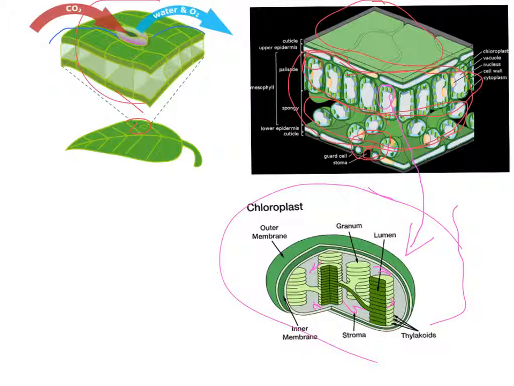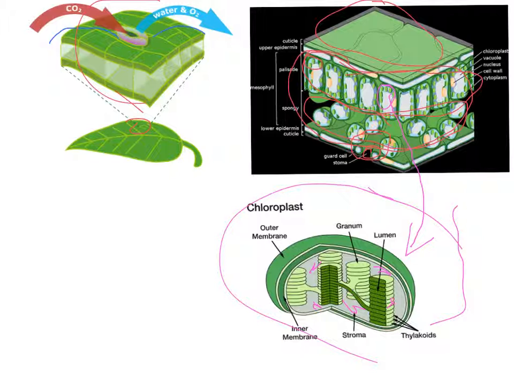PS2, photosystem 2, it gives it like a high voltage shock, which electrifies it, and as the electrons come down, they collect energy, and it's like a high school level process, so I don't really know a lot about that.